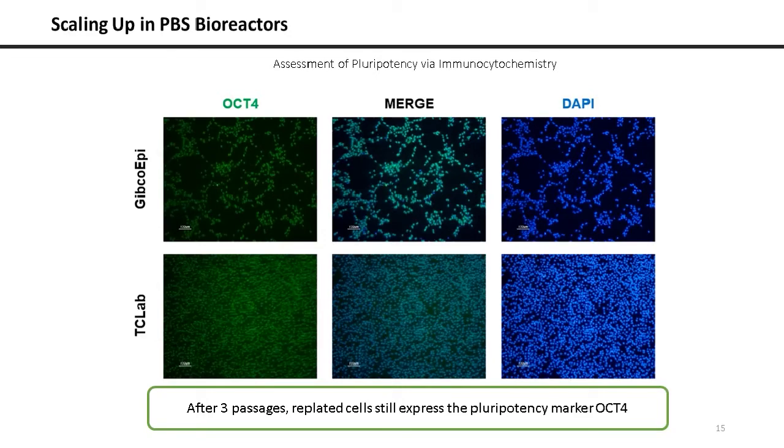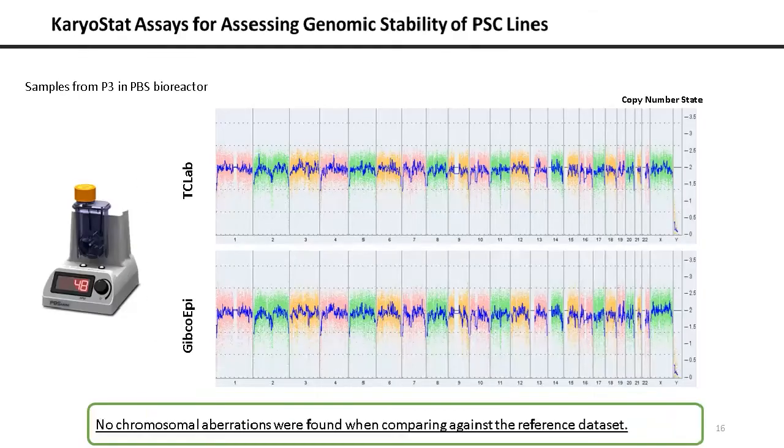So after the 3 passages, the replated cells still express OCT4. And again, as we do in long-term culture of cells, we also analyzed the karyotype, and there, like in the orbital shaker, there were also no chromosomal aberrations found.